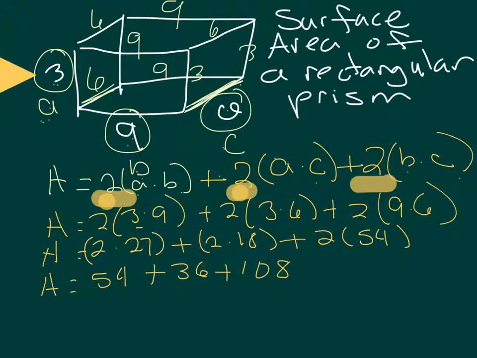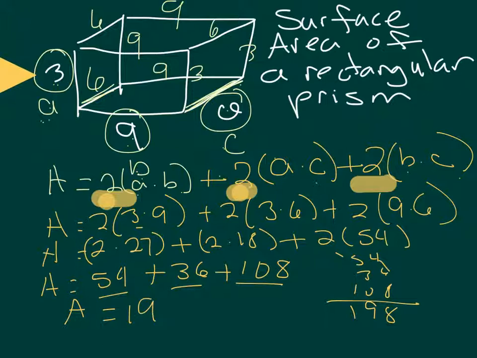Then I add 54 plus 36 plus 108, and I get the area. Let's come over here and do that one. 6 and 4 is 10, plus 8 is 18, carry my 1, 5 plus 3 is 8, 9 plus 0 is 9. 198.